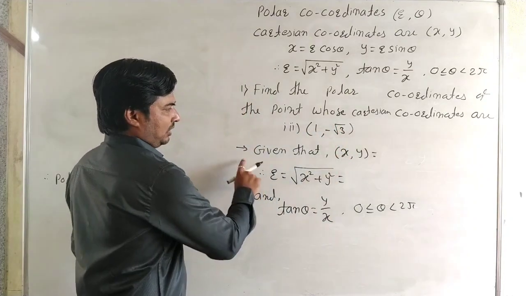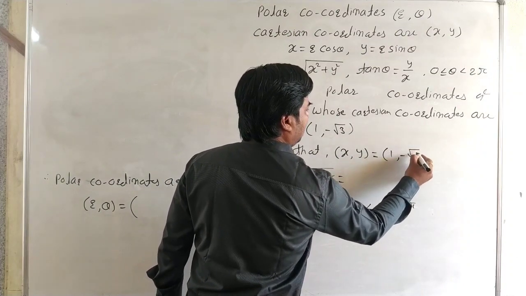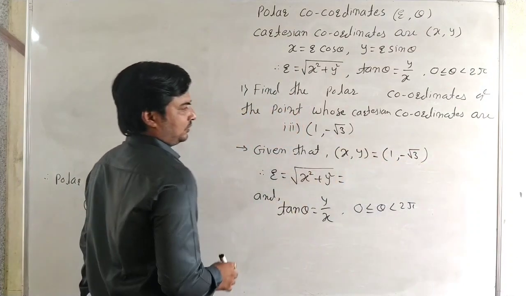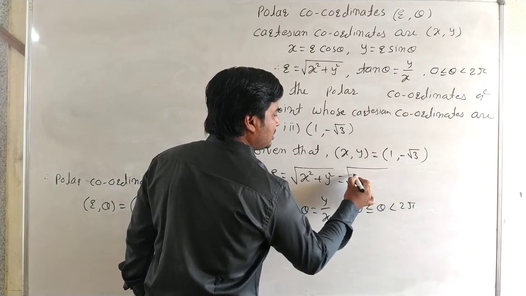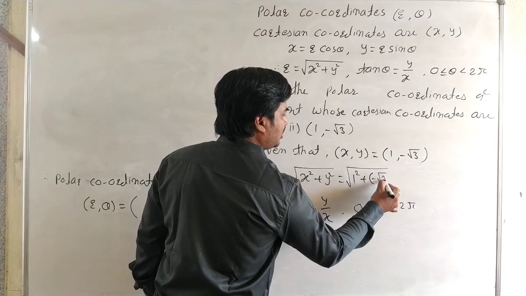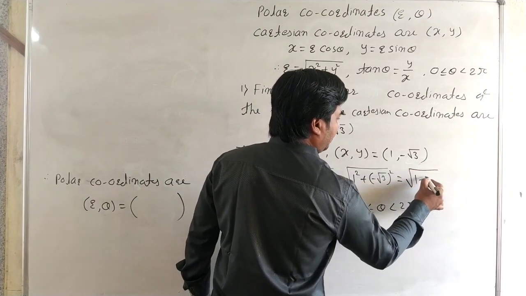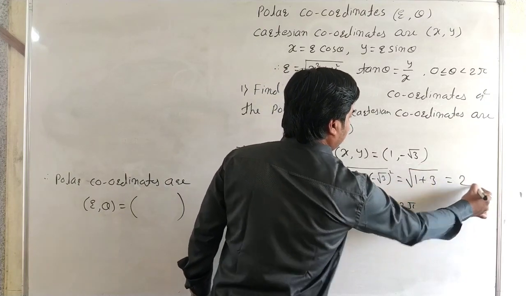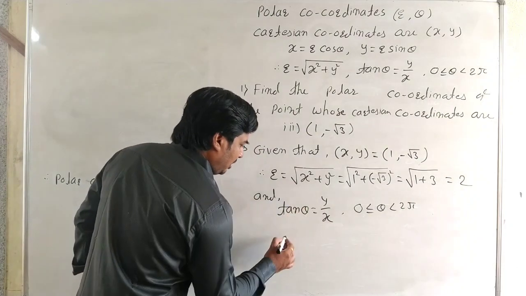Given that 1 comma minus under root 3 are the Cartesian coordinates, then r is equal to under root of 1 square plus minus under root 3 square, which is under root of 1 plus 3, and that is 2. Now the value of r is 2. Now tan theta is equal to y by x.